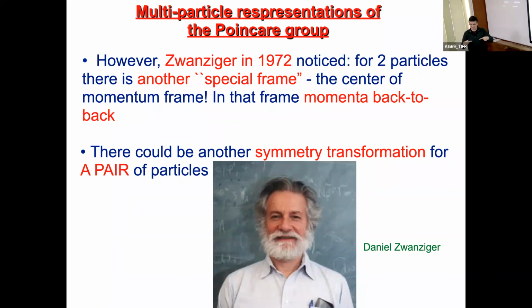And in that frame, that system of these two particles has an additional symmetry, which is just the rotation around that momentum for the two particles that are pointing back to back. So there could be another symmetry transformation for a pair of particles, which would not be captured in any way by just considering the little groups for the individual particles.